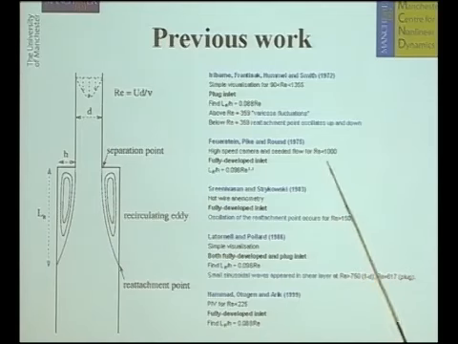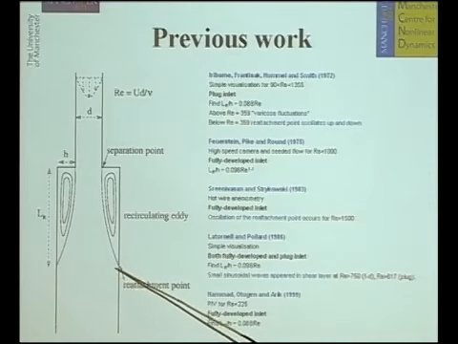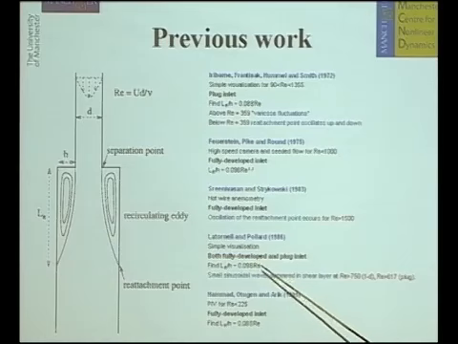3 years later, Feuerstein, Pike and Round used a high-speed camera and seeded flow. I guess this is a precursor to PIV, with a fully developed inlet flow, and they didn't find any instabilities at all for Reynolds number up to 1,000. 8 years further on, Srini and Strukowski used hot wire anemometry with a fully developed inlet again, and they found that the reattachment point starts oscillating up and down when you get to Reynolds numbers of greater than 1,500.